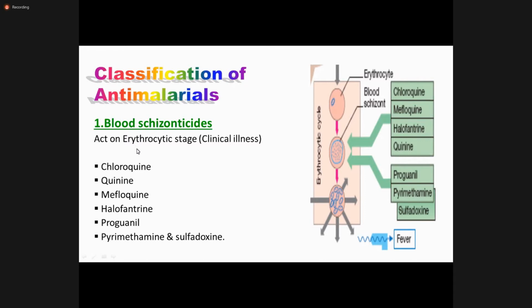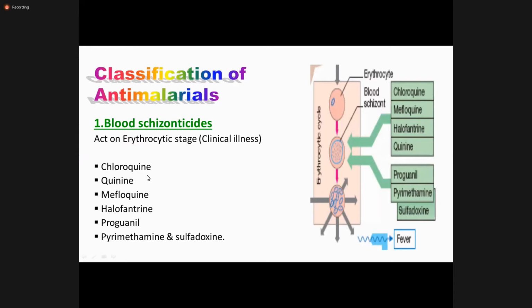The drugs used as blood schizonticides, you remember, are the chloroquine group or quinine group: chloroquine, quinine, and mefloquine. They belong to the same chemical group. Halofantrine is a good addition. Then we have proguanil, which is different. Pyrimethamine and sulfadoxine are the antifolate drugs.